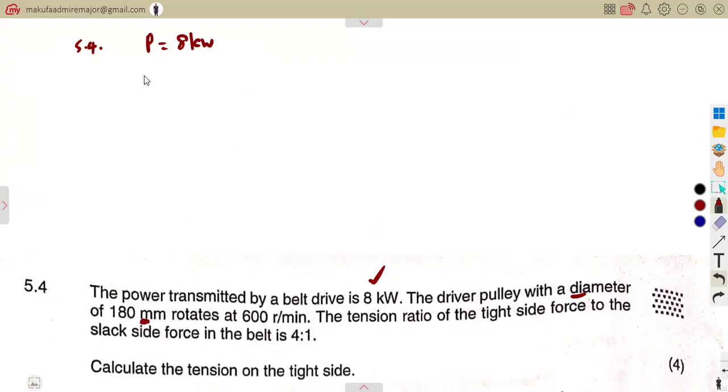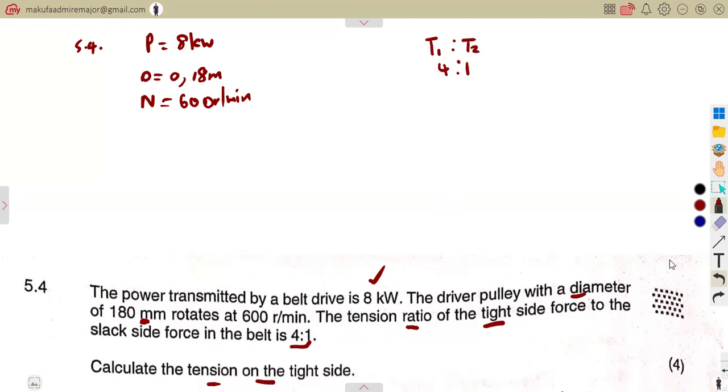So divide by 1,000. That means your diameter is going to be 0.18 meters at a speed of 600 revolutions per minute. The tension ratio of the tight side force to the slack side is 4:1. So that's T1 to T2 is 4:1. Calculate the tension on the tight side.